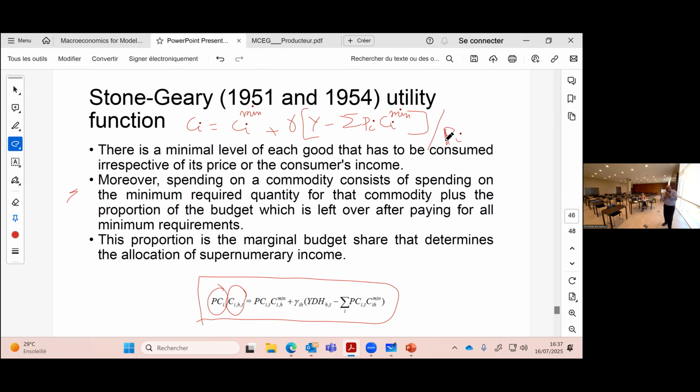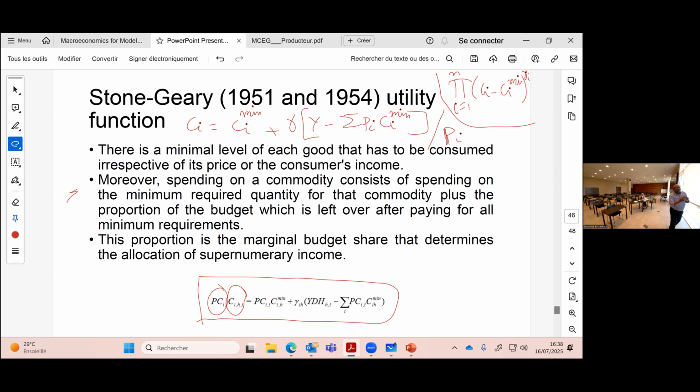Look at what we have here. If we are using a Stone-Geary utility function, the expression of this is like this. It's coming from something like C_E minus C_E min on gamma_E. This is the specification of the utility function here in the corner. And we deduce the demand function here.